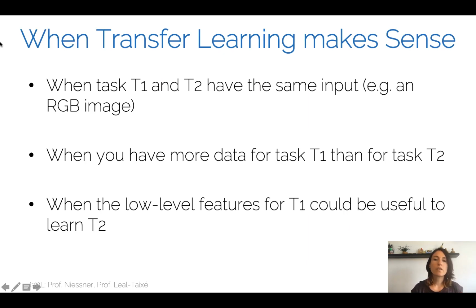So when does transfer learning really make sense? Well, first of all, we need to make sure that the two tasks that we're dealing with, the task for which we have the large data set, T1, and the task for which we have the small data set, T2, have the same input, especially if we want to use the low-level features.